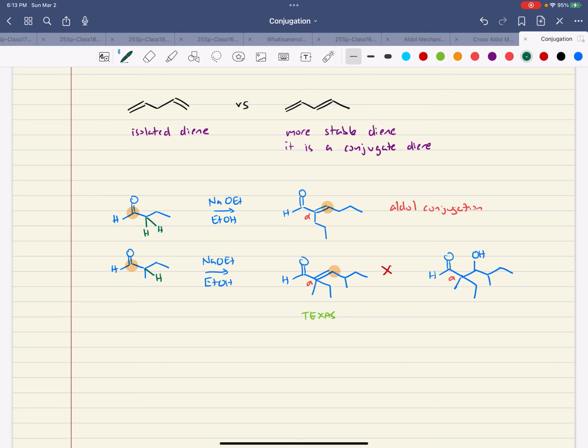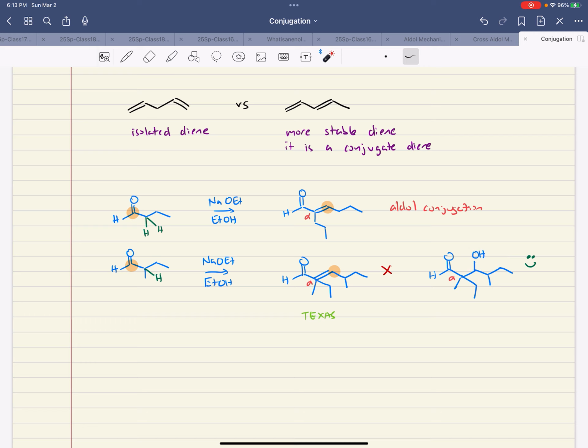Now, would you be able to do a dehydration? Yes, but under basic conditions, you would not do a dehydration if it was not conjugated. Under acidic conditions, you remember acid catalyzed dehydration, and yeah, you could make the double bond right here, to the right, and get rid of this OH.